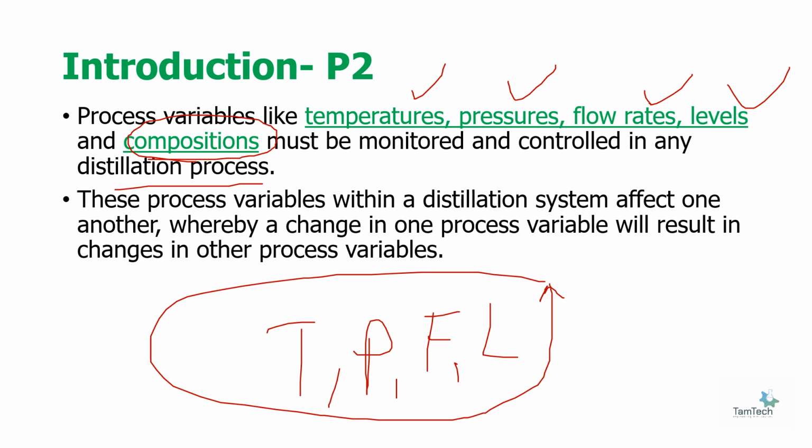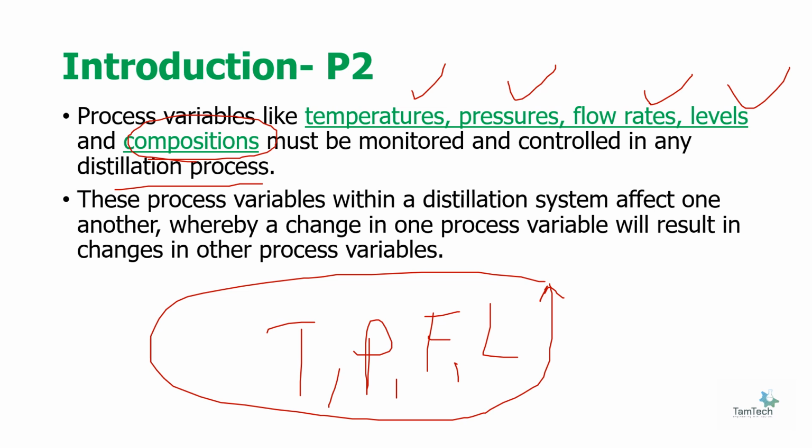But in some equipment like the distillation column, you need to be careful with the compositions as well, because at the end of the day, your product quality and production rate determine whether you meet specifications or not. Also, in some rotating equipment like compressors or pumps, you might additionally control speed.